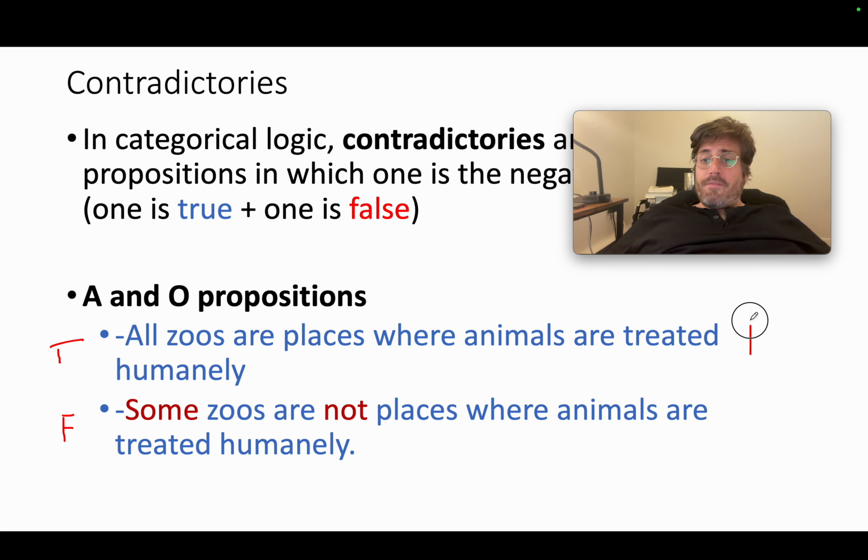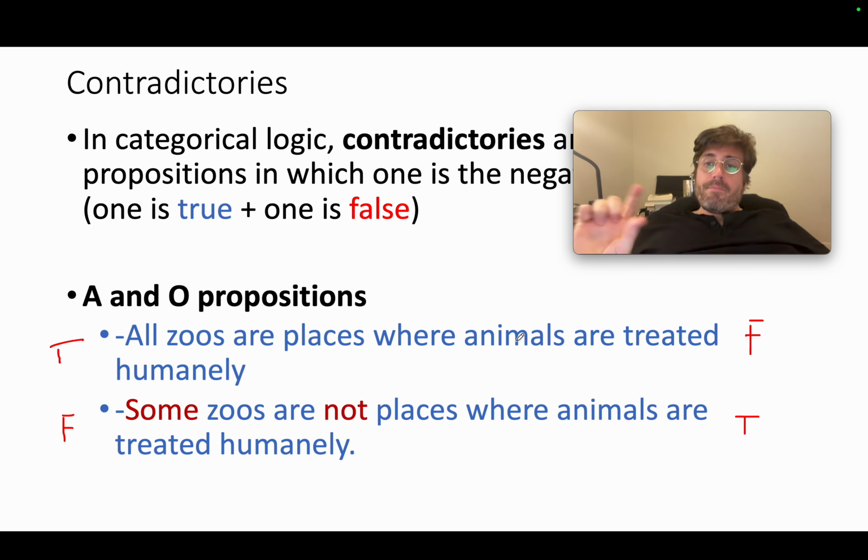However, if the A proposition is not true, if it's not the case that all zoos are places where animals are treated humanely, then it has to be the case that the O proposition is true. Some zoos are not places where animals are treated humanely would become a proposition with a true value.